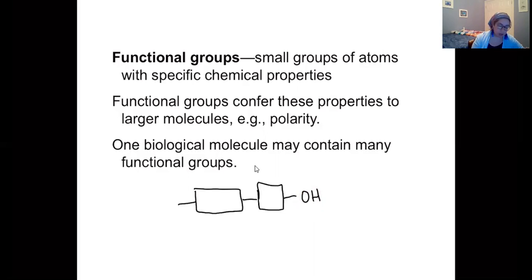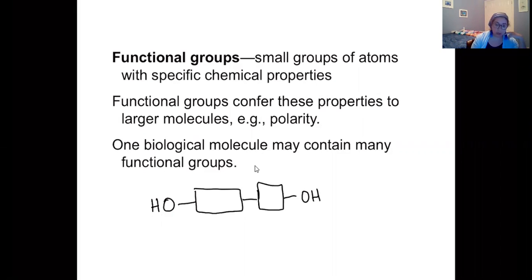So on this side over here, I wrote it as OH, but on this side over here, I'm going to write it as HO, because I want students to keep in mind that this functional group is attached at the oxygen, not the hydrogen. They're the exact same functional group. I'm just trying to illustrate what is bonding to the larger molecule or the macromolecule in this case.